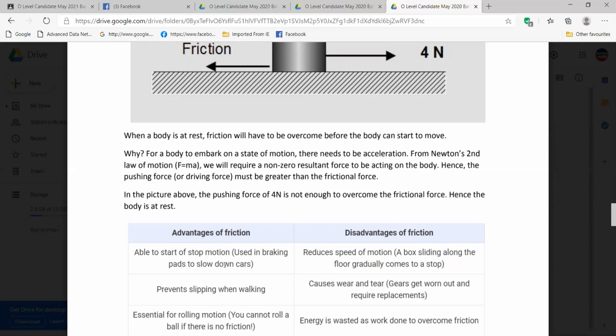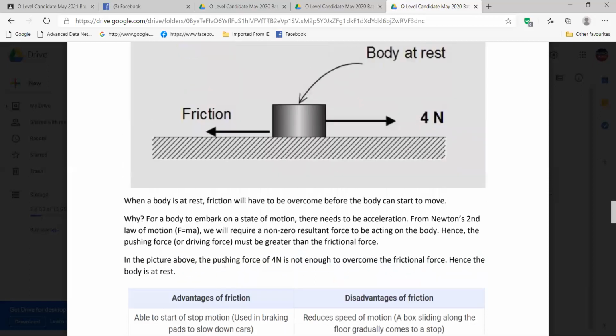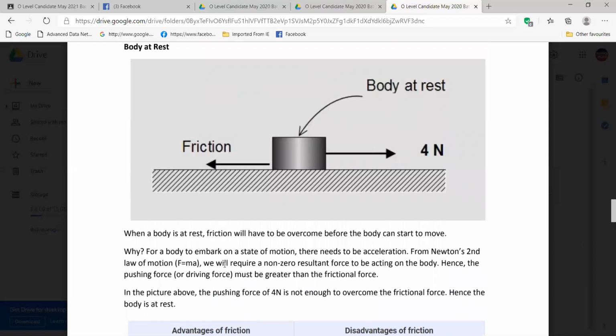But if the body is at rest, there is one contact force working upwards and the weight working downwards. Then there will be balance. The resultant force is balanced.